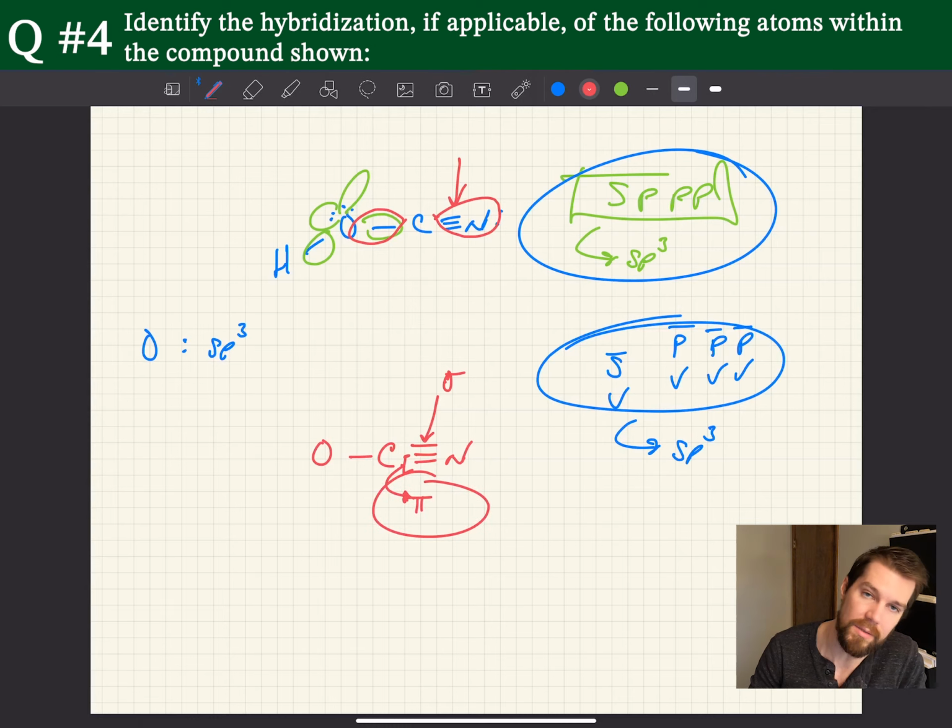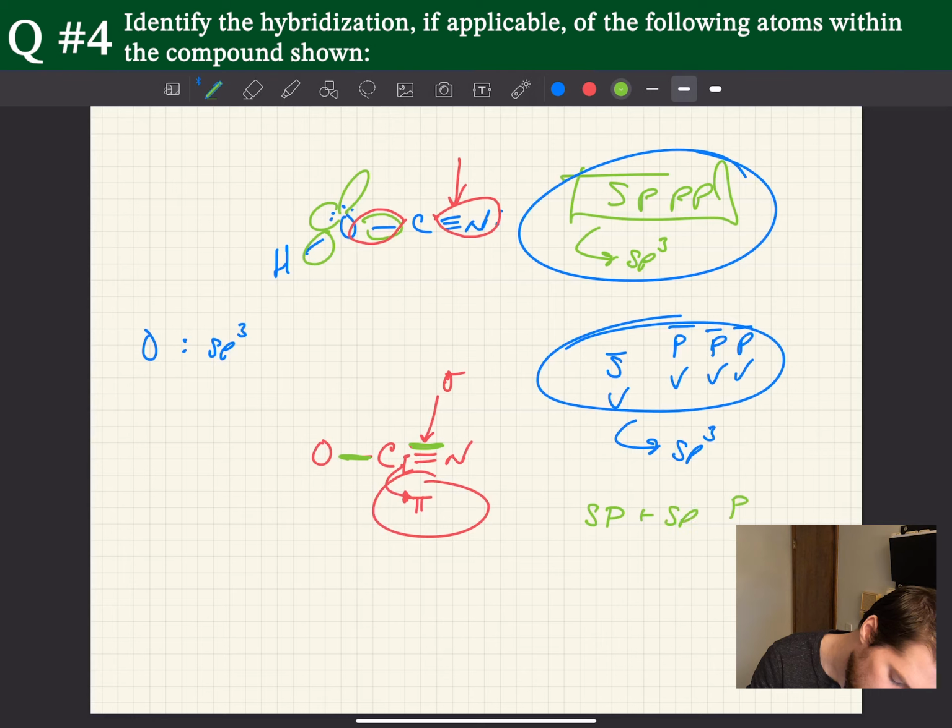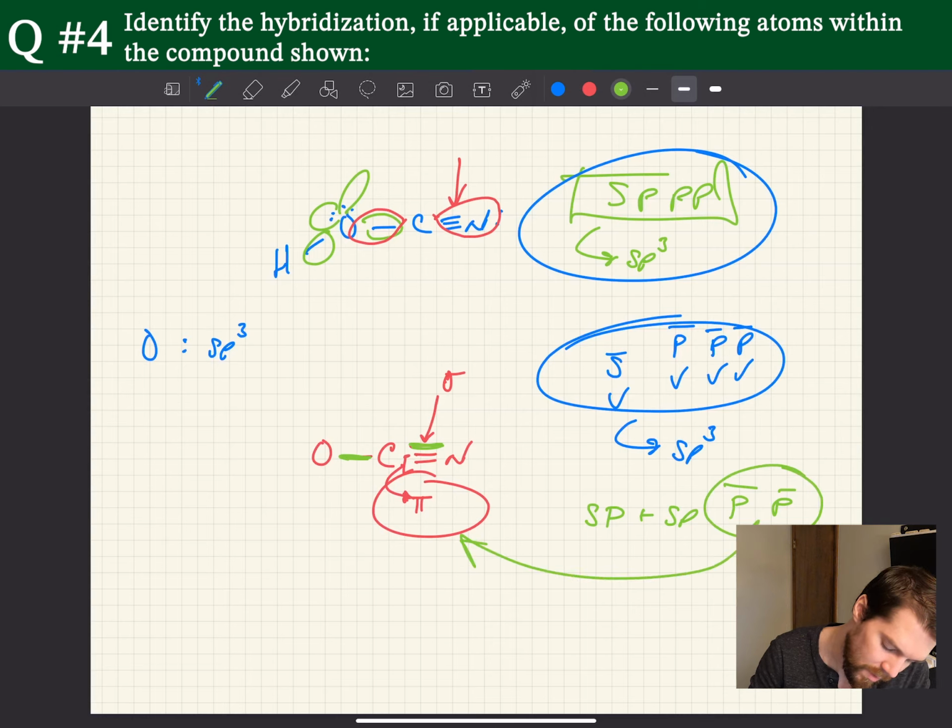And we know pi bonds are formed from overlap of p orbitals, not from hybrid orbitals. So the hybridization is only for these two sigma bonds, these two regions of electron density. So sp and sp, and then I have two leftover p orbitals for those two pi bonds. So the carbon is going to be sp hybridized.